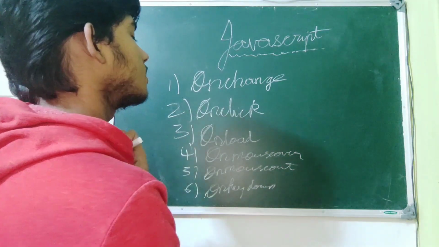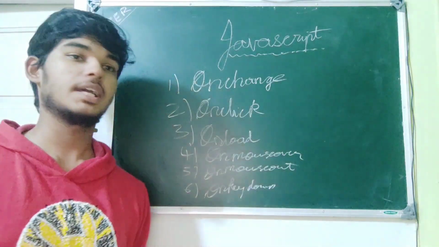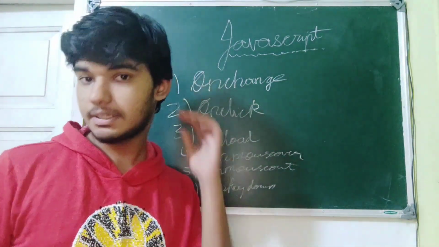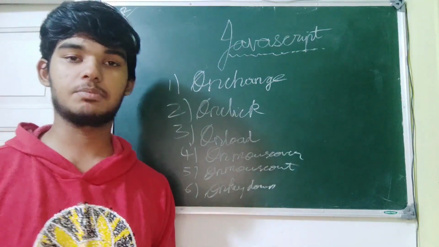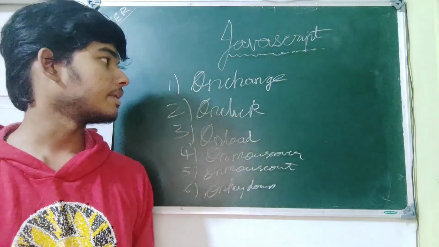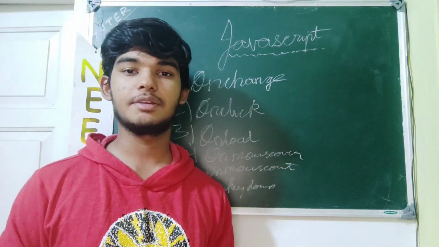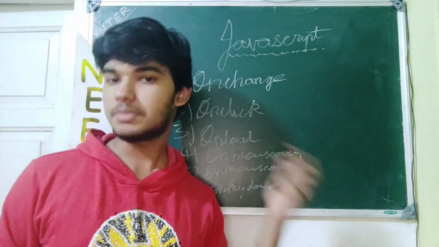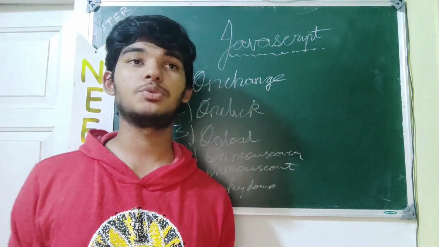So first let's talk about on change. On change occurs when the user attempts some sort of change in the HTML element. For example, let us say the user changed the value of some number, or you have put up some sort of application form and the user has filled it.